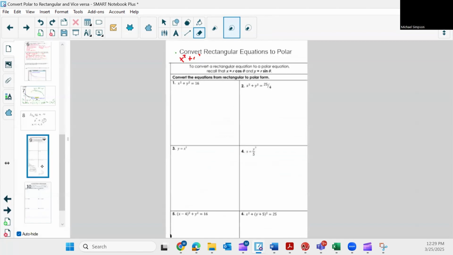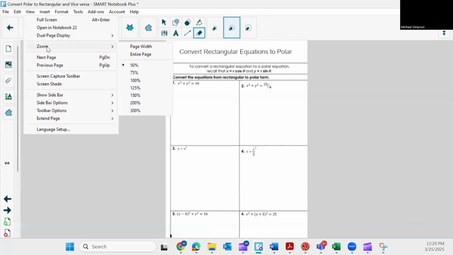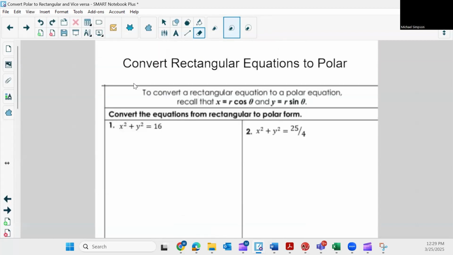All right. So yesterday we learned how to convert polar coordinates to rectangular and from rectangular to polar coordinates, right? Today we're going to look at equations. Given an equation, how do we write the equation in polar form?